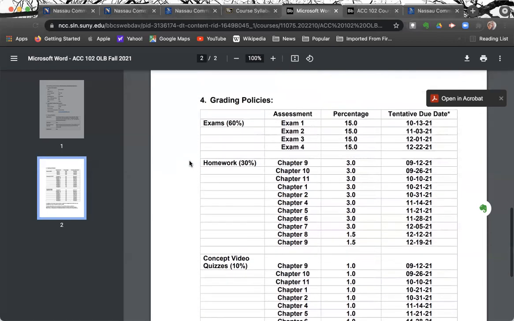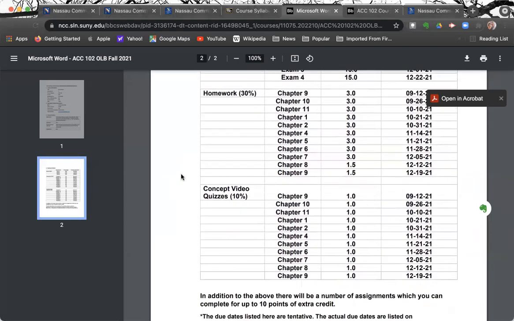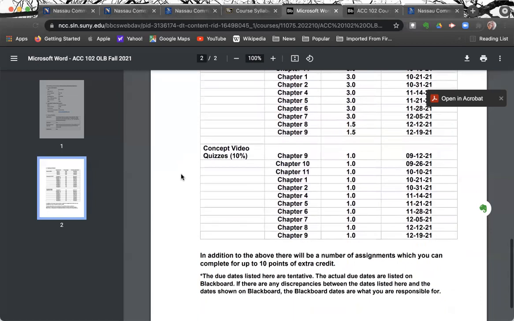Now, in addition to exams and homework, you have quizzes. The quizzes require you to watch a video and then to answer some questions. Now, you could have anywhere from maybe 2 or 3 questions to answer up to 10. Each one of these things counts for a point.